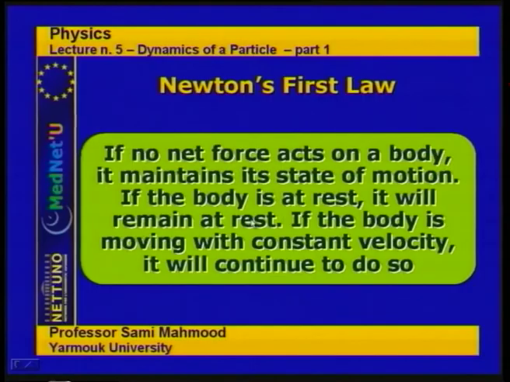The first of these statements is called Newton's first law, and it states that if no force acts on a body, then the body maintains its state of motion.